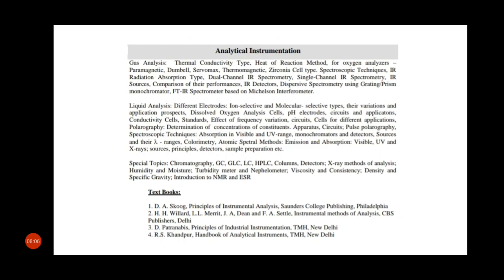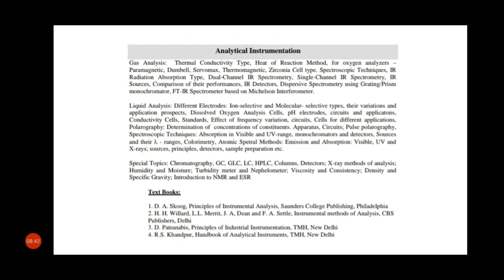chromatography. In chromatography, we will study GC, GLC, LC, HPLC. GC means gas chromatography, GLC means gas liquid chromatography, LC liquid chromatography, HPLC means high pressure liquid chromatography, and chromatographic columns. Okay. Next, we will study about detectors like X-ray detectors, X-ray methods of analysis, humidity and moisture measurement, turbidity meter, nephelometer.